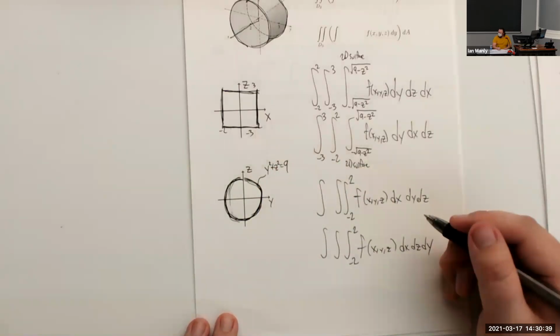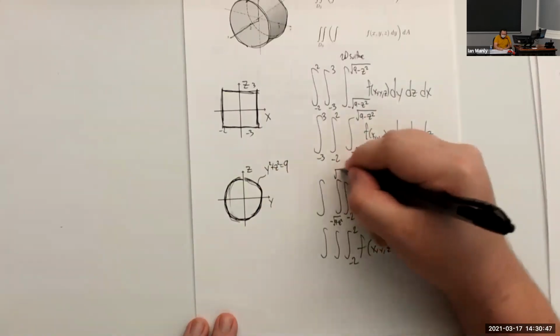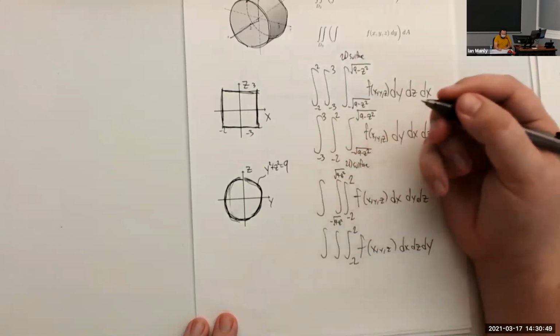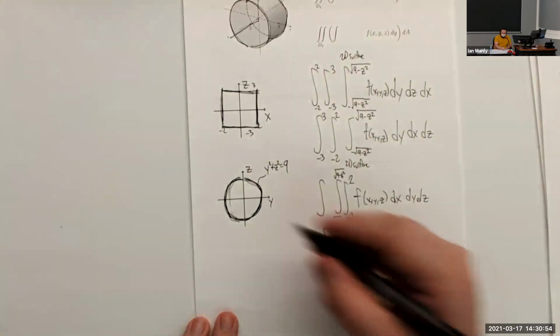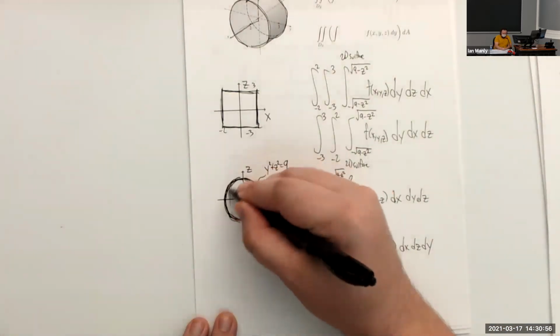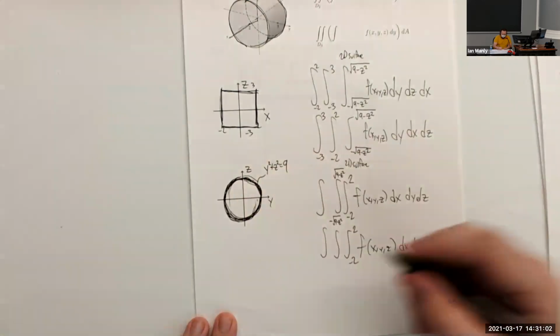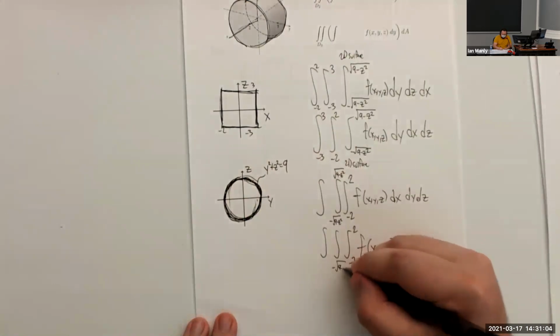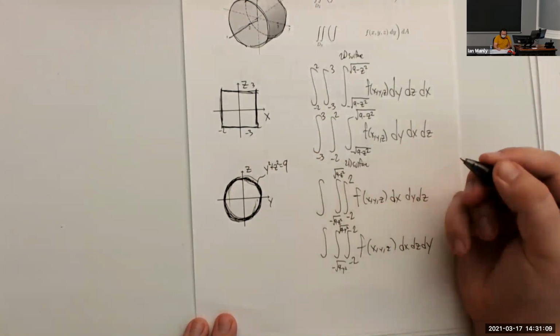So right here, we're going to have negative square root of 9 minus z squared and positive root 9 minus z squared. And then here we're going to do the same thing, only we have our upper circle with z, and then our lower circle with z. So this will be root 9 minus y squared and negative root 9 minus y squared.